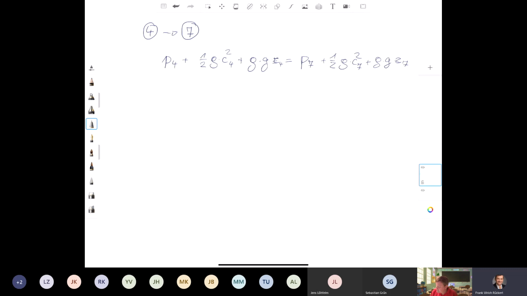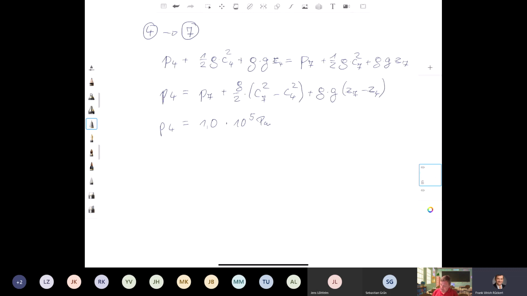And this will lead us to the equation P4 equals P7 plus rho over 2 times C7 squared minus C4 squared plus rho g times Z7 minus Z4. And I think you agree with me if I don't really calculate it. I just give you the result for this calculation.